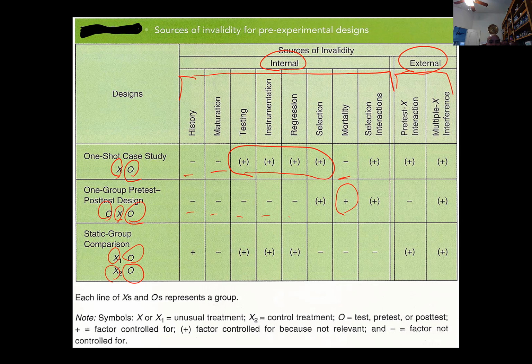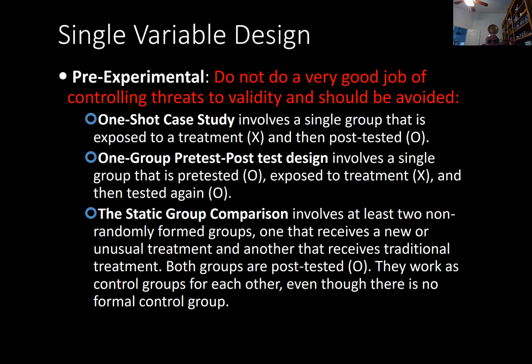This statistical group comparison does control for a lot of things, but it doesn't control for maturation because, again, there's no pre-post, selection, mortality, or selection interaction, okay? And all of these are pretty good designs in terms of controlling external variables, except this one group pretest design that doesn't control for the pretest treatment interaction, again, but this is sort of the overview here.